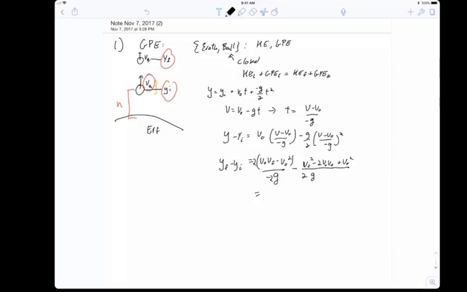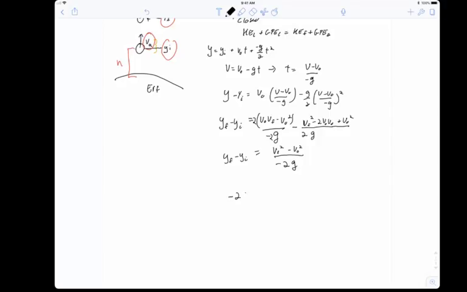Okay, so you add them together. If you add them together, I'm going to keep this minus 2g down here, you get v final squared minus v initial squared over minus 2g. If you want to rearrange it, that gives you minus 2g times (y final minus y initial) is equal to v final squared minus v naught squared.